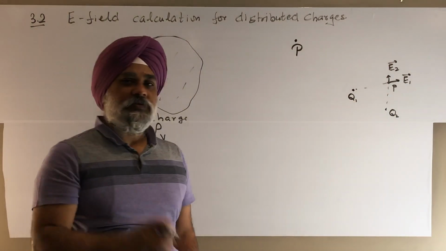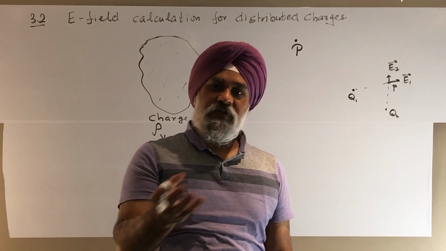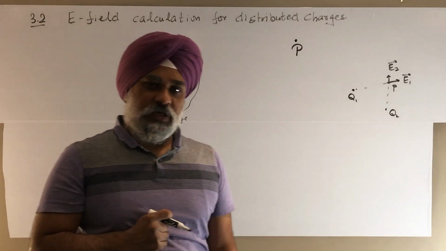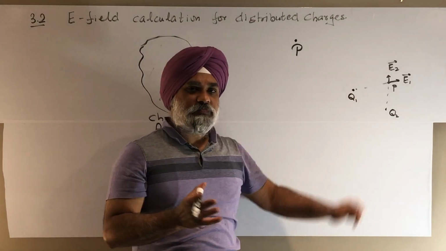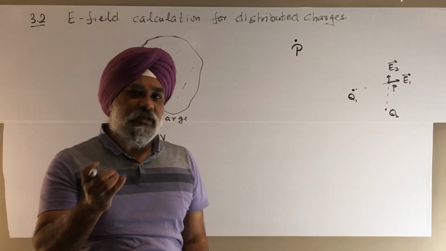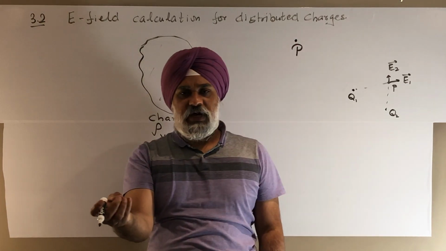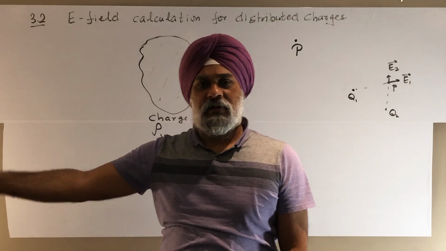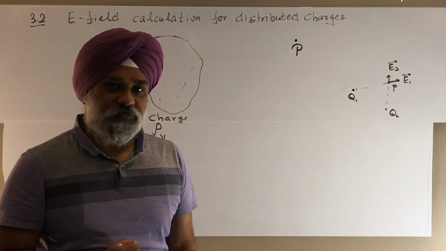We will do a vectorial sum of the electric fields due to the individual charges. What is this principle? This principle is superposition. It is basically saying that the electric field due to an individual charge doesn't get affected when I bring another charge into the system. That is the principle of superposition.